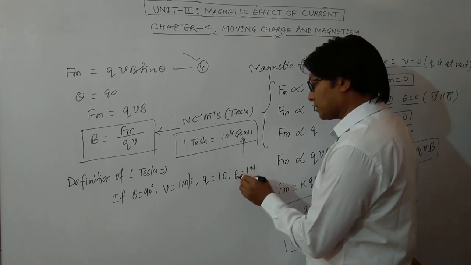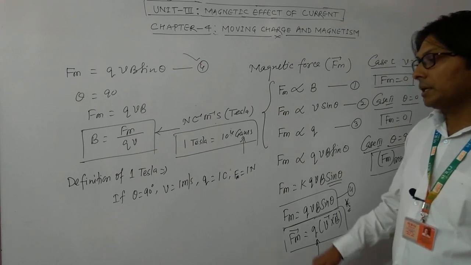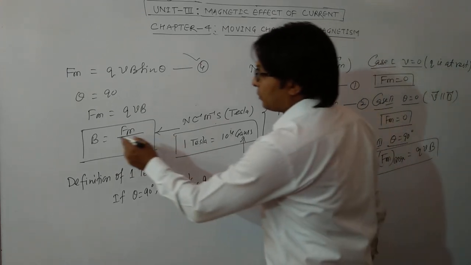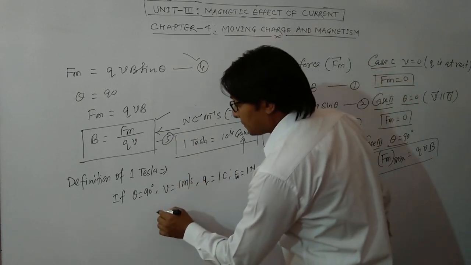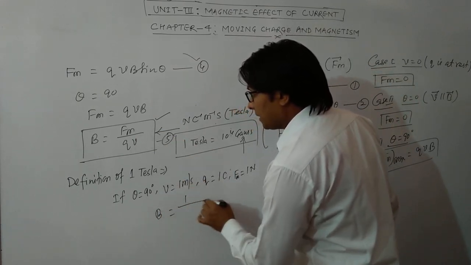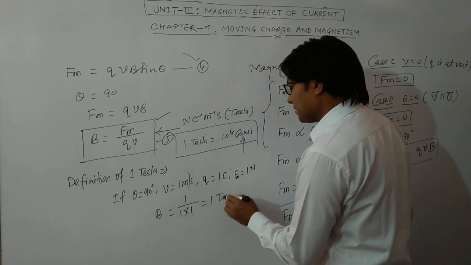Suppose the magnetic force exerted on the charged particle due to the magnetic field is 1 Newton. So what can be written from this equation? Suppose equation 5: B is equal to 1 divided by 1 into 1, that comes out to be 1 Tesla.